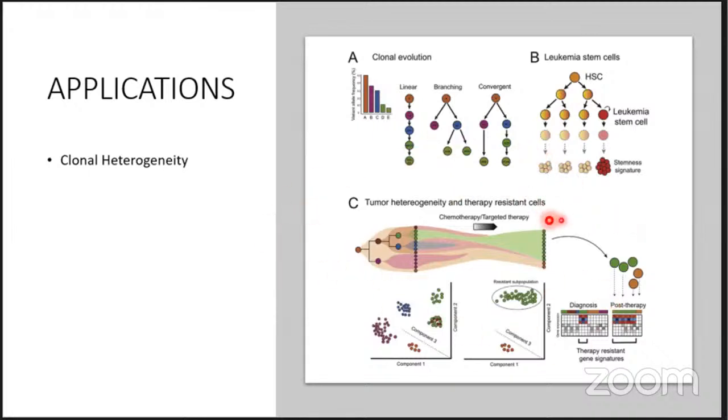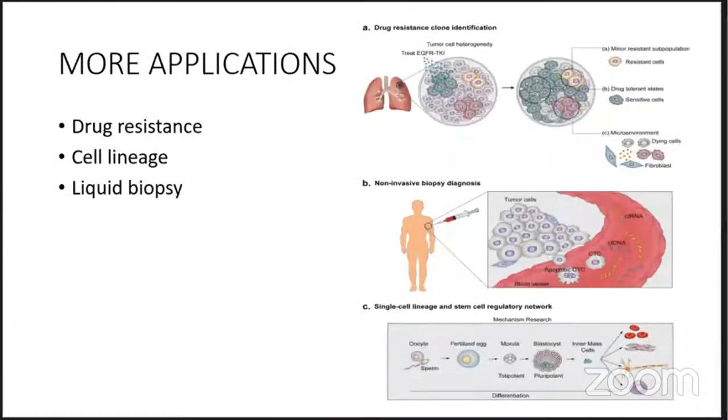This also gives us information about how tumor heterogeneity provides resistance towards the drug. As we see here in the lung mass, we have different kinds of clones present. So maybe these particular clones are sensitive to the drug, but maybe these particular clones are resistant to the drug.